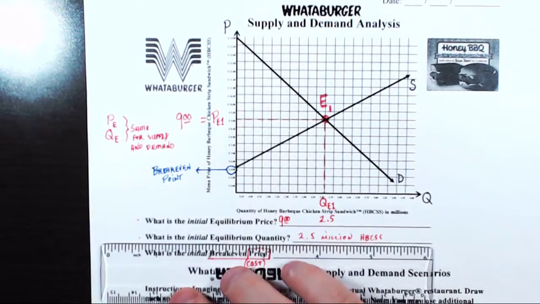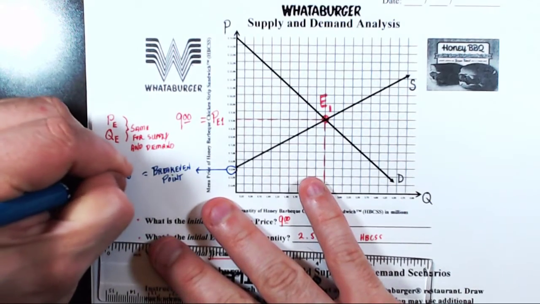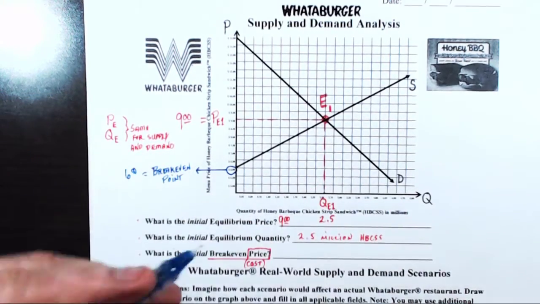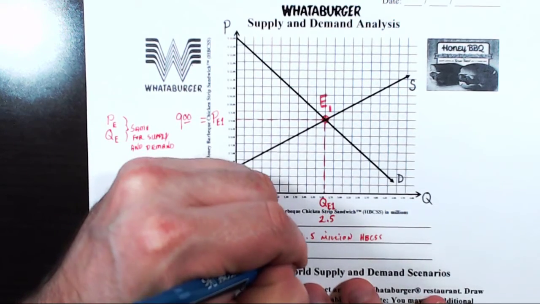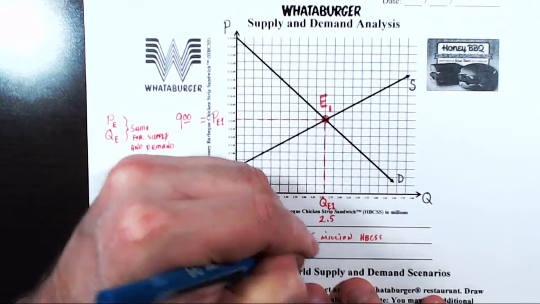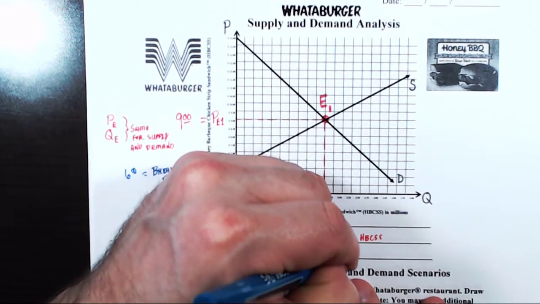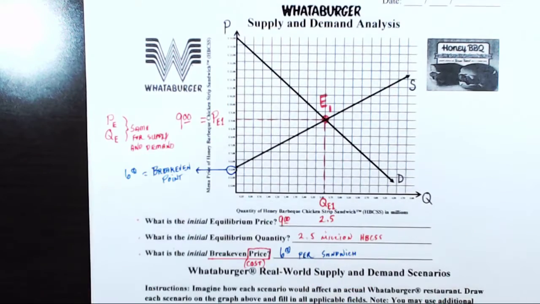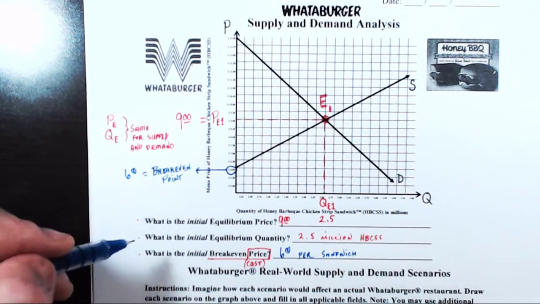This becomes relevant in one of the examples, and it's $6. Okay, so that's $6. And we'll just indicate that right here, $6 per sandwich. So make sure you're filling this out. You don't have to fill these things out on every single page, but do fill it out on one of them.